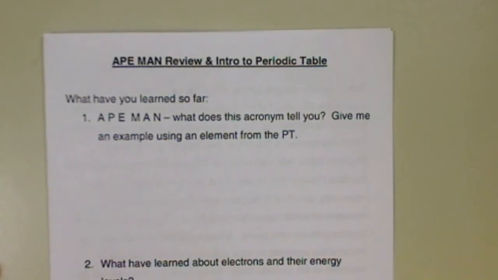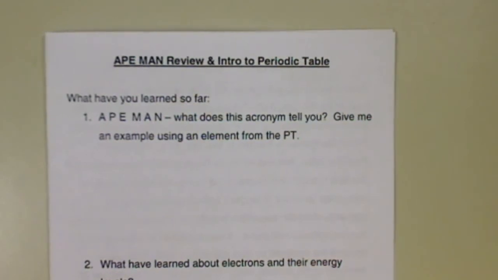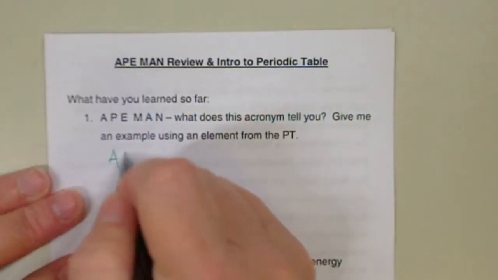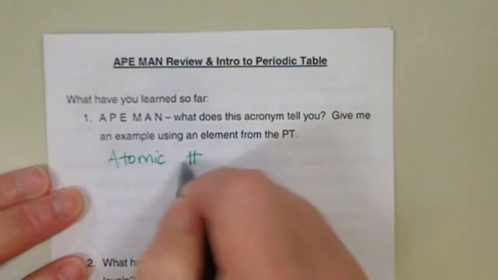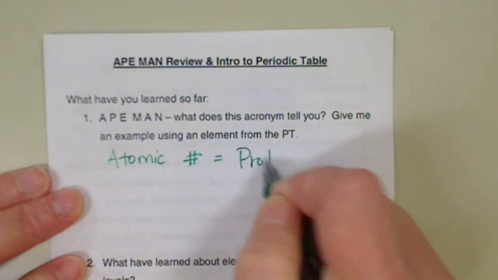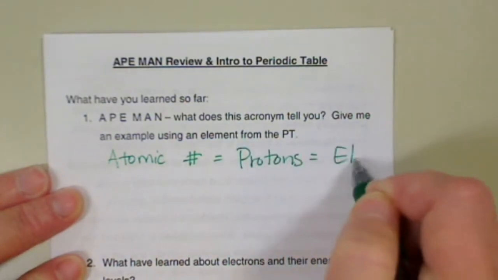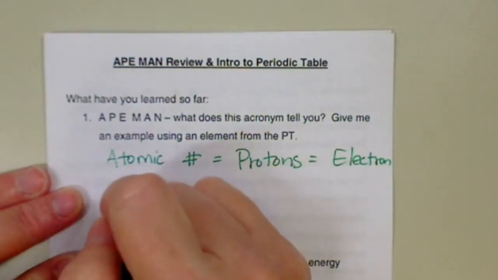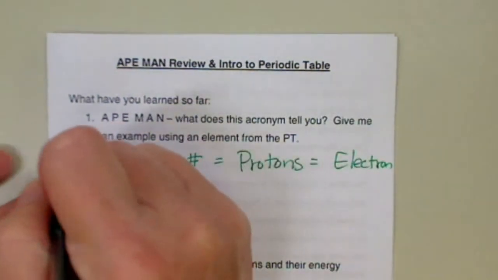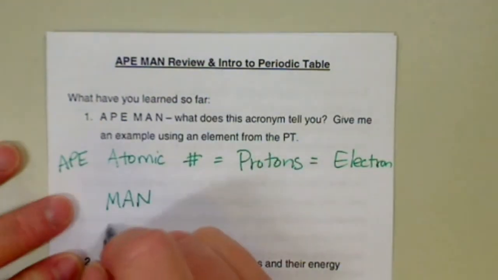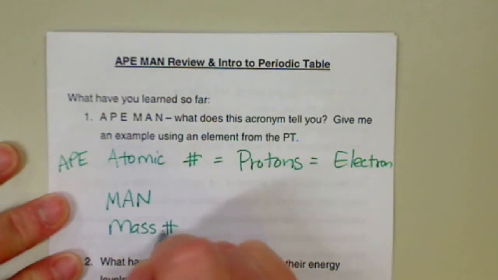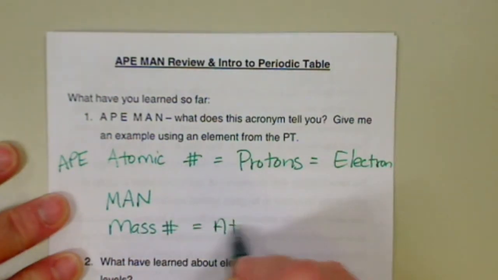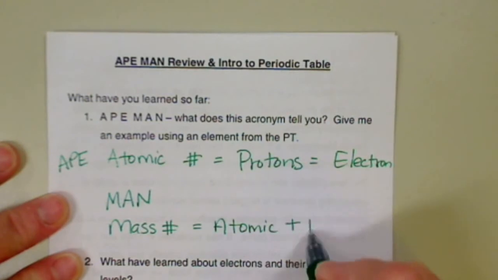All right, students, we have already learned how to determine the protons, electrons, and neutrons. The atomic number is equal to the protons, which is equal to the electrons. The mass number is equal to the atomic number plus the neutrons.